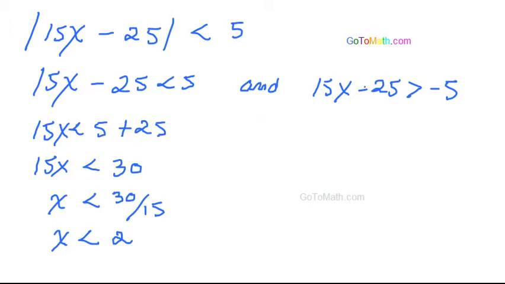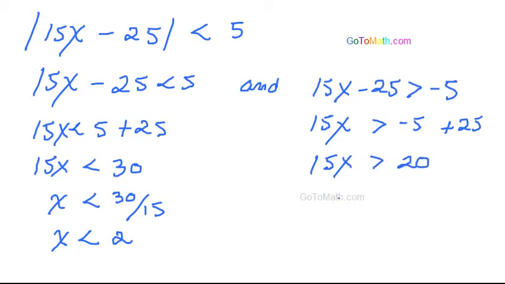Okay, now let's take a look at this one here. So we have 15x is greater than negative 5 plus 25. Take that 25 to the right, makes it positive 25. Now let's simplify that down, and that just becomes 20. And so now we have x is greater than 20 over 15.